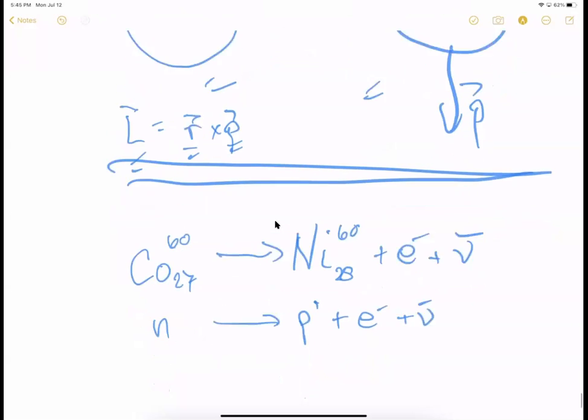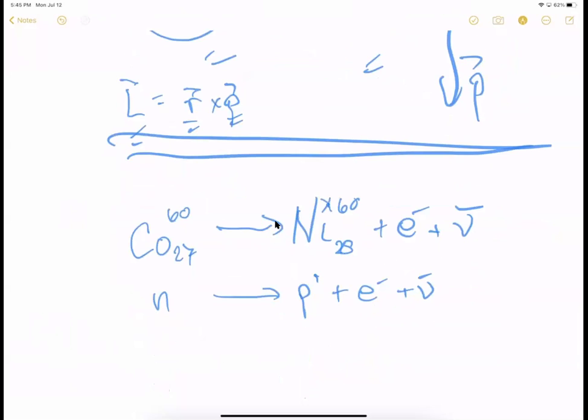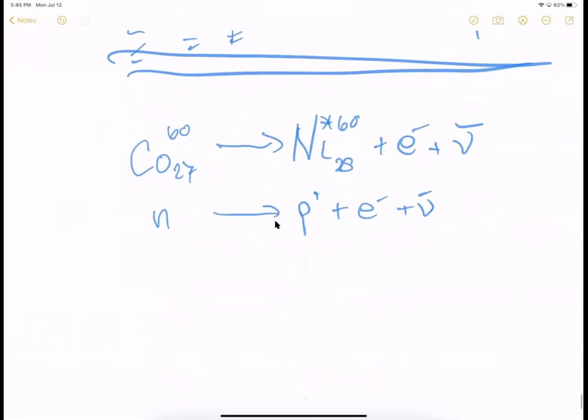Antineutrino. But this is an excited state of the nickel nucleus now. There are probably no electrons in the problem. I don't actually know how the experimental setup worked, but this is what they were doing.